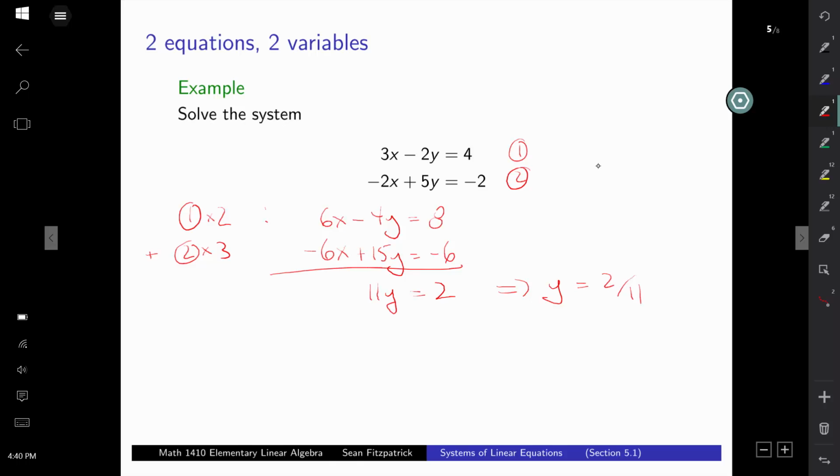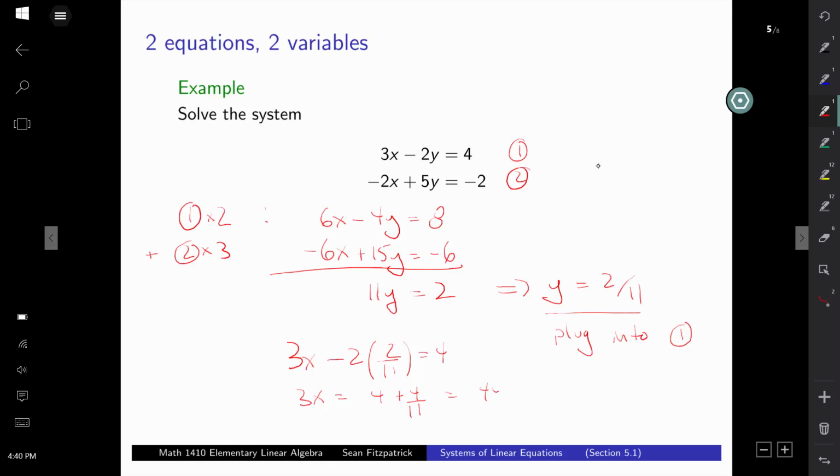What about x? Well, let's take that value, y equals 2 over 11. Let's plug that into, I don't know, let's plug it into the first equation. So 3x minus 2 times 2 over 11 equals 4. So 3x is equal to 4 plus 4 over 11.